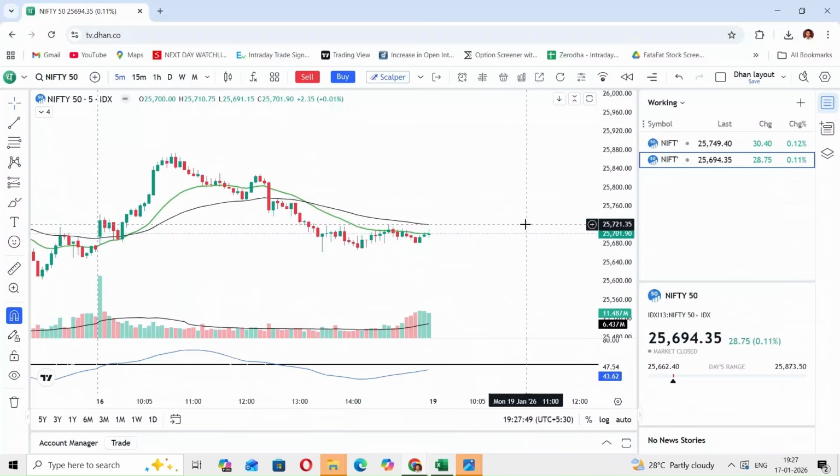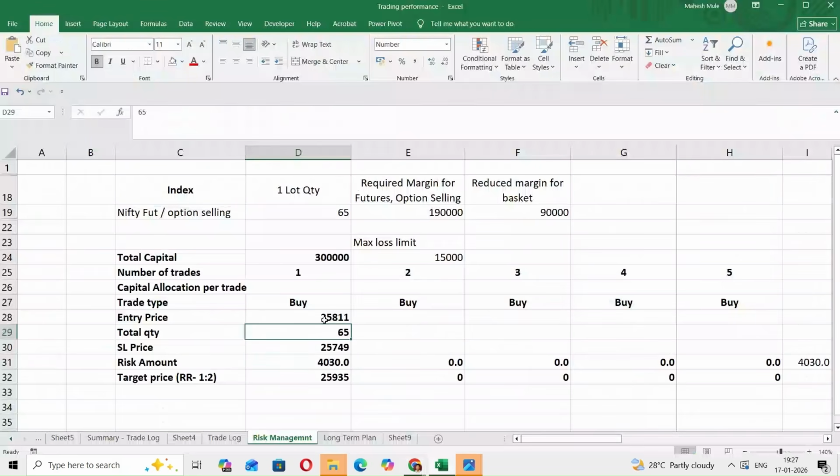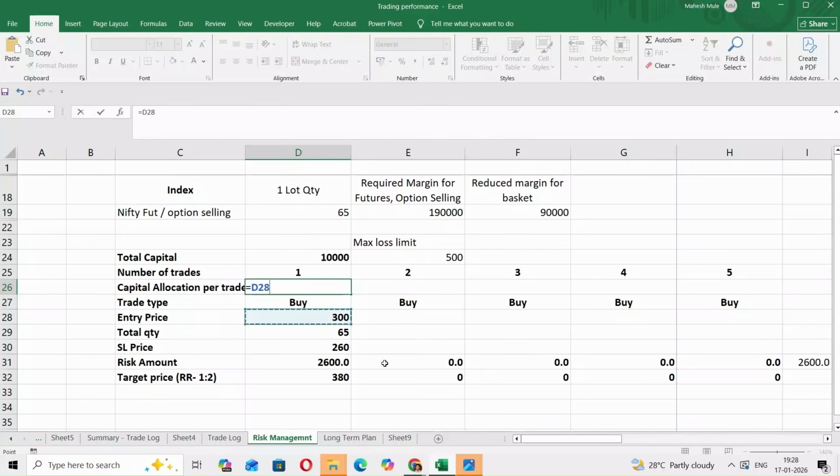So what you can do in option buying: suppose you are trading in the money, deep in the money, and the entry price is around, let's take an example, 300 rupees, with an SL price of, say, 260. With a quantity of 65, the risk comes to around 2,600 rupees, and the maximum capital needed in any trade is around 300 into 65, about 20,000 rupees.